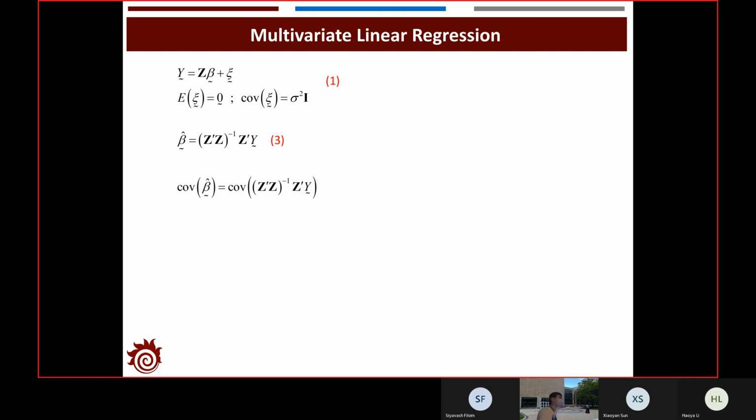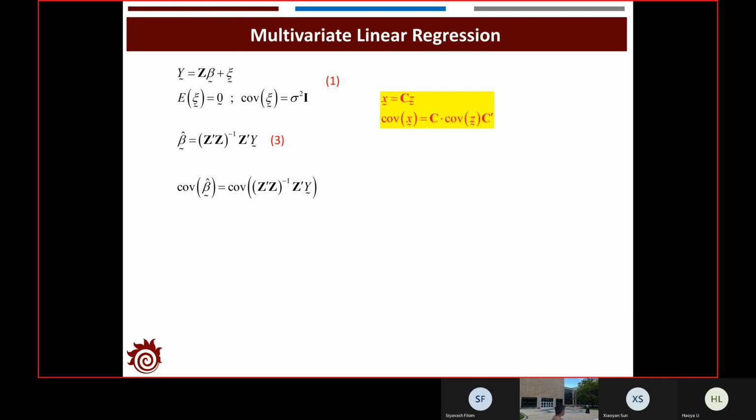We need to find out what the covariance of the beta hat is, which would be the covariance of this equation. We can then apply the original definition of y in this equation, well, I guess first we probably need to apply the conclusion we just made.